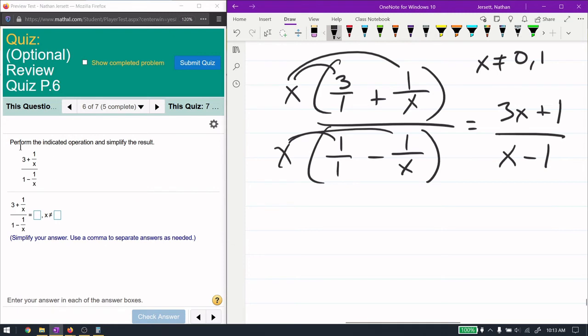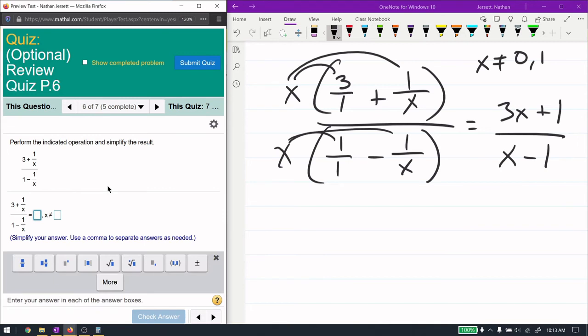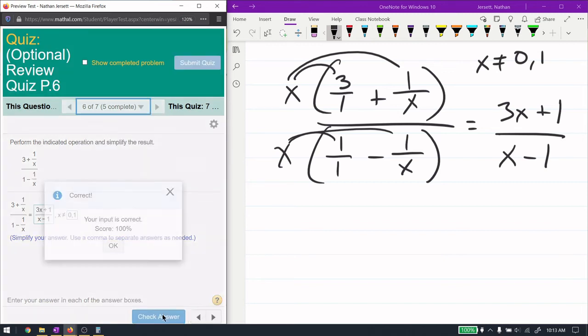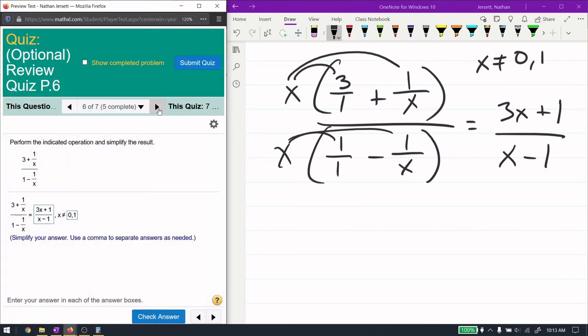Check the original problem, and then check the problem when you simplify it down. And this thing cannot be simplified any further. That's the best we're going to be able to do. So let's see if that's correct here. Top we have 3x plus 1, x minus 1, and we have 0 and 1. And that's all correct.